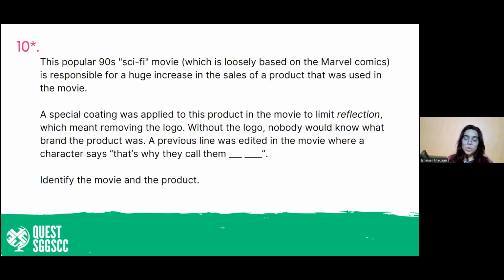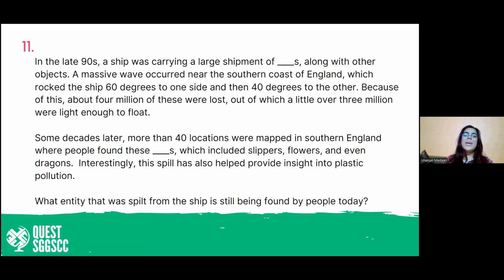Moving ahead to the next question, that would be the 11th. In the late 90s, a ship was carrying a large shipment of dashes along with other objects. A massive wave occurred near the southern coast of England, which rocked the ship 60 degrees to one side and then 40 degrees to the other. Because of this, about 4 million of these were lost, out of which a little over 3 million were light enough to float.